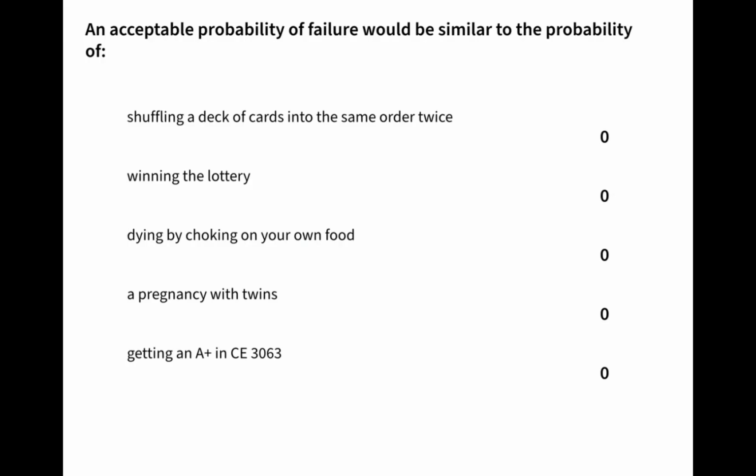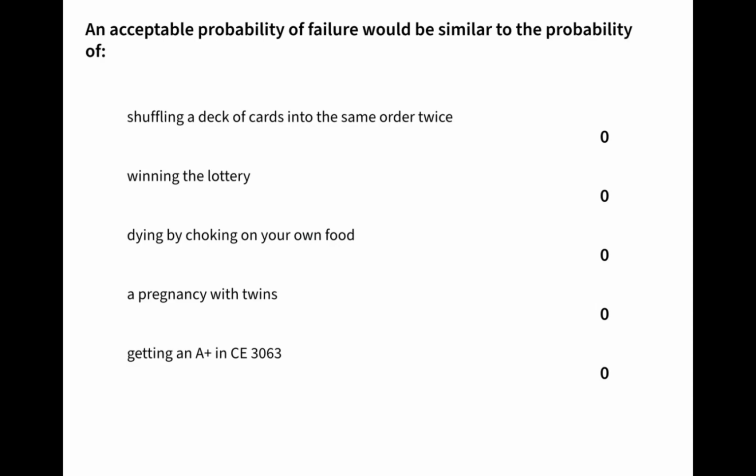What would be an acceptable probability that that failure might occur in a structure compared to any of these things happening? Shuffling a deck of cards into the same order twice, winning the lottery, dying by choking on your own food, a pregnancy with twins, or getting an A+ in this course.